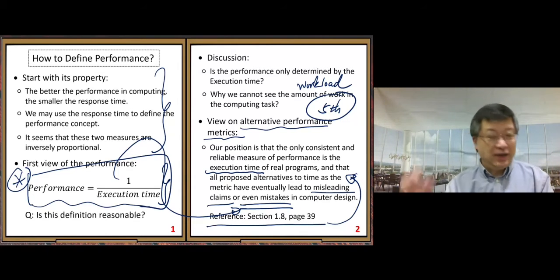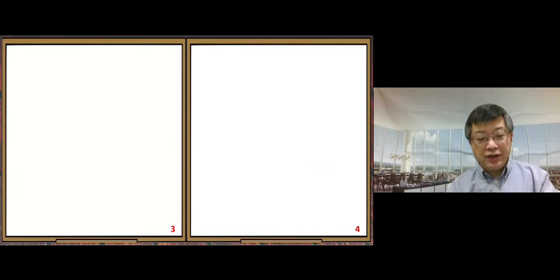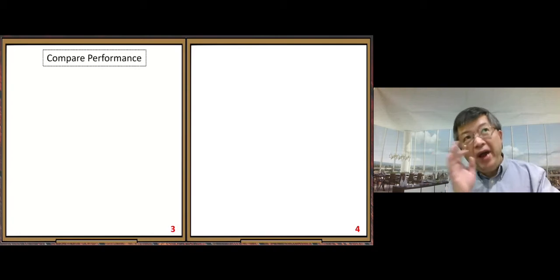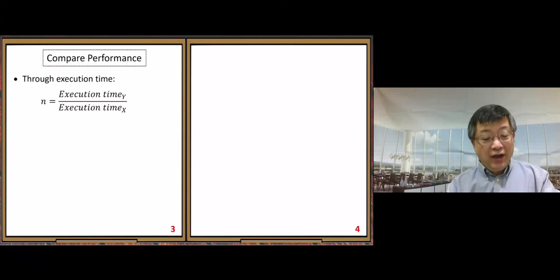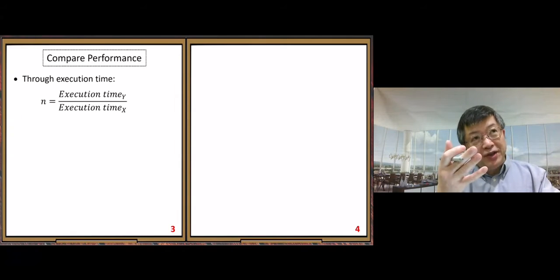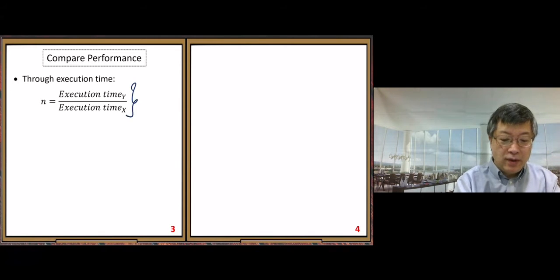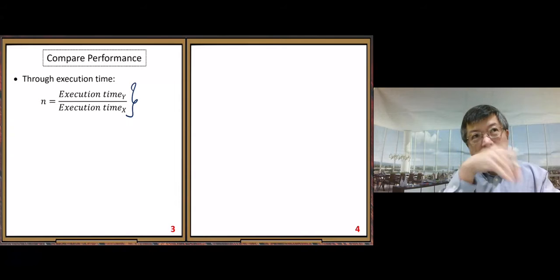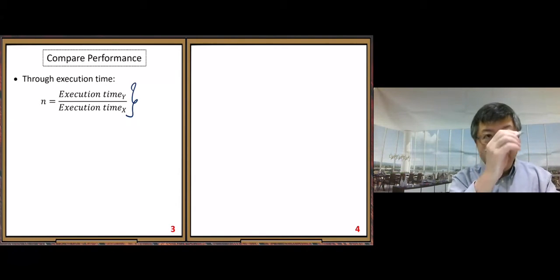All right, so let's move to the next topic. Still, when you compare performance, let's look at this measure one last time. When we compare the performance, we can compare through execution time. But when we do this, based on the analysis in our previous slide, keep in mind the same workload, okay?